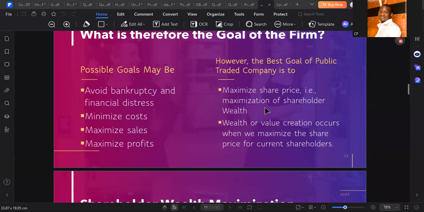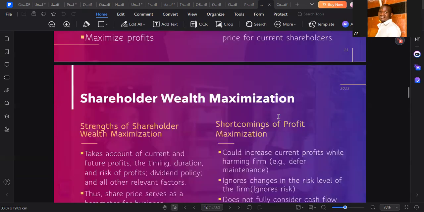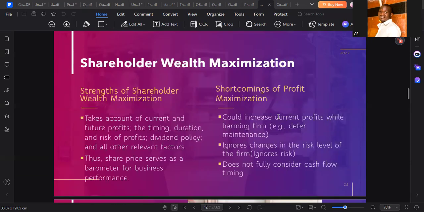There are different possible goals a firm may have, but these can best be categorized into two main ones: either they want to maximize share price, for instance through maximization of the shareholders' wealth, or to create value for these shares. Shareholder wealth maximization is one of the major goals of a firm.